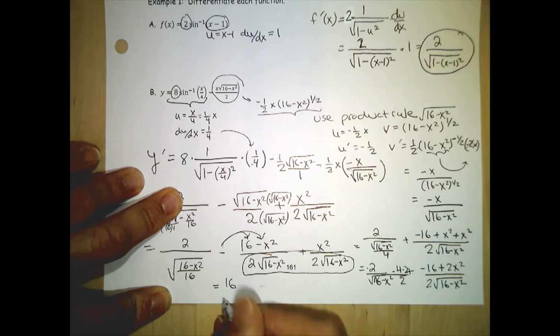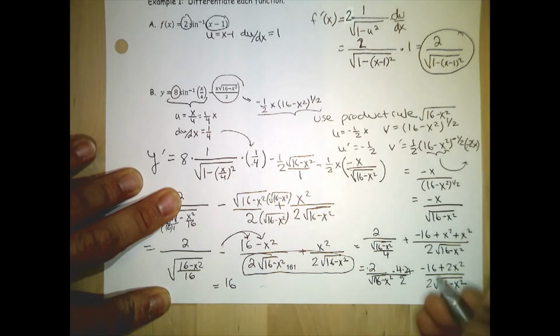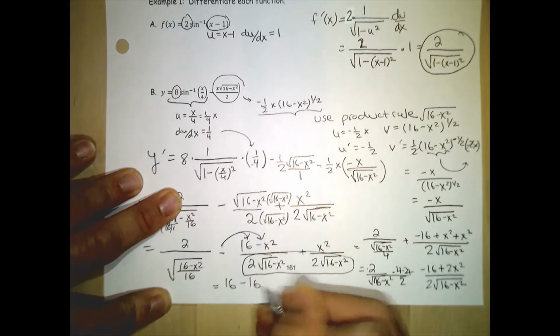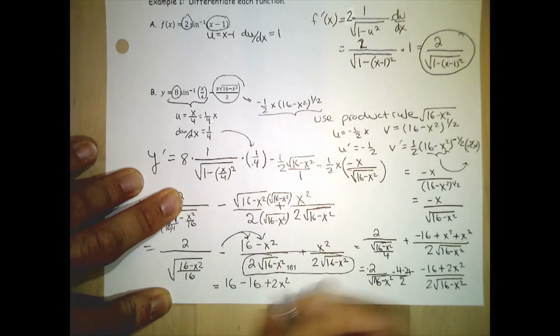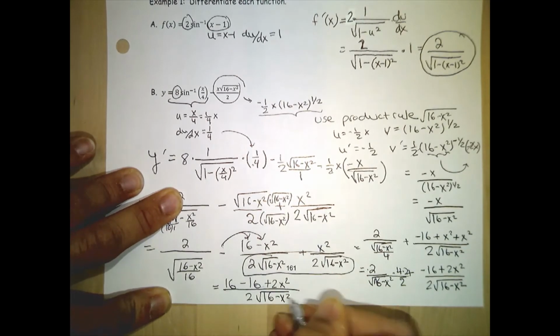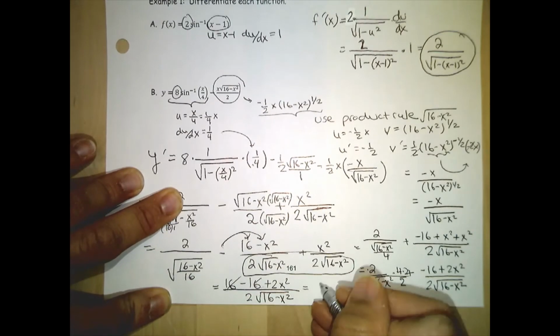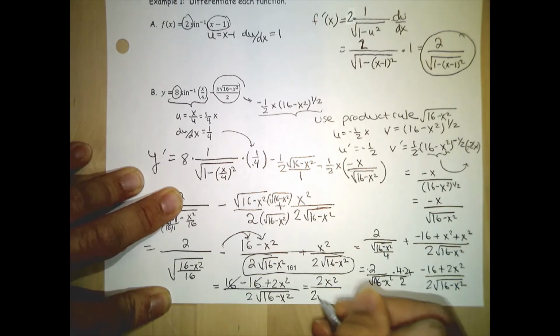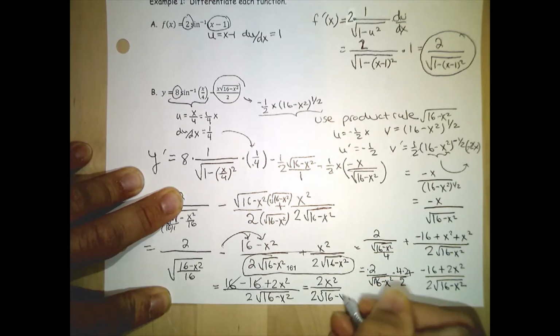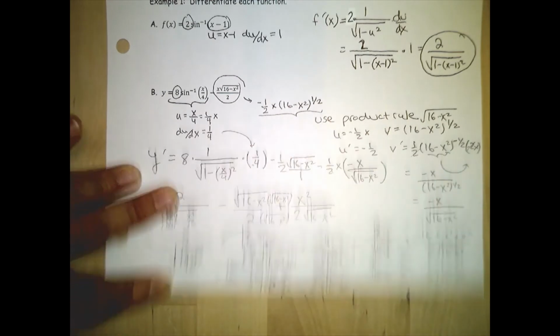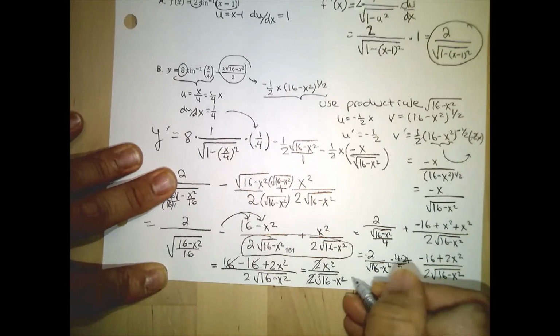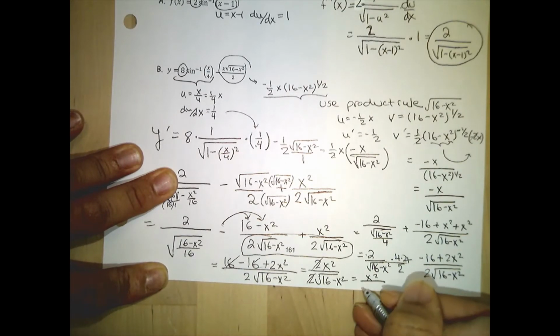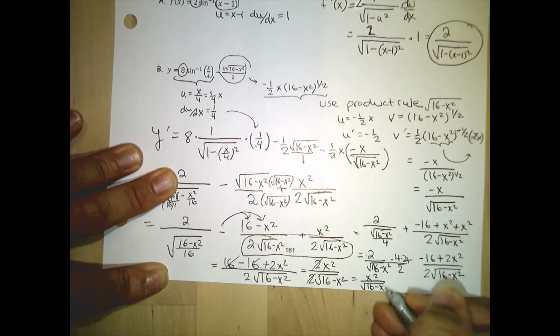All right, so 16, and then minus 16 plus 2x squared over 2 square root of 16 minus x squared. The 16s zero out, so I have 2x squared over 2 square root of 16 minus x squared. The 2s divide out, and I'm left with x squared over the square root of 16 minus x squared.